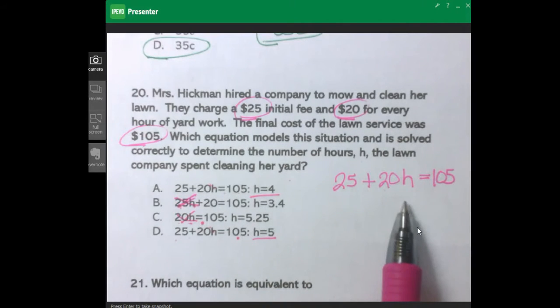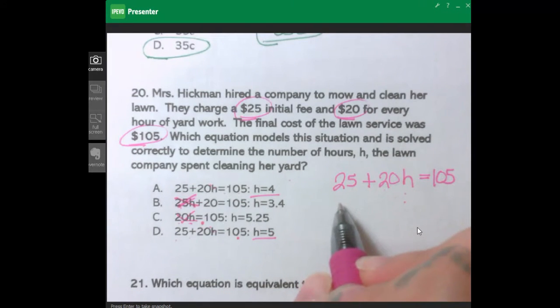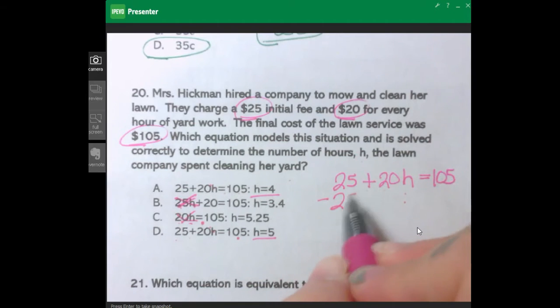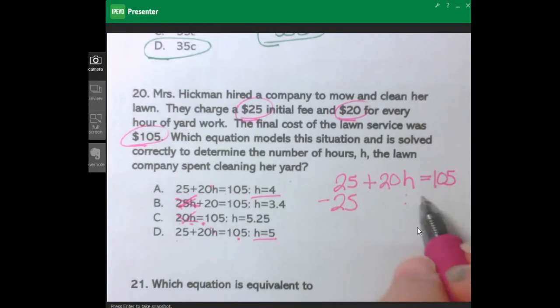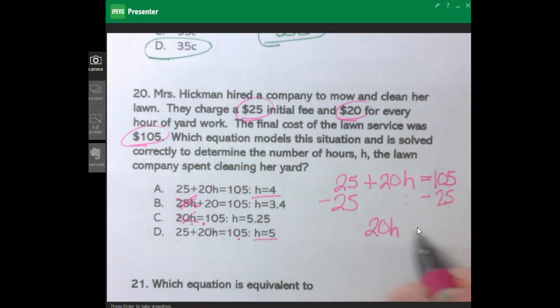So now we need to come over here and solve this. So remember, we want to isolate the variable. So I need to undo what's happening. Start with addition or subtraction. We're going to get rid of this 25. It's a positive 25, so we're going to subtract 25 from both sides. So now I get 20H is equal to 80.